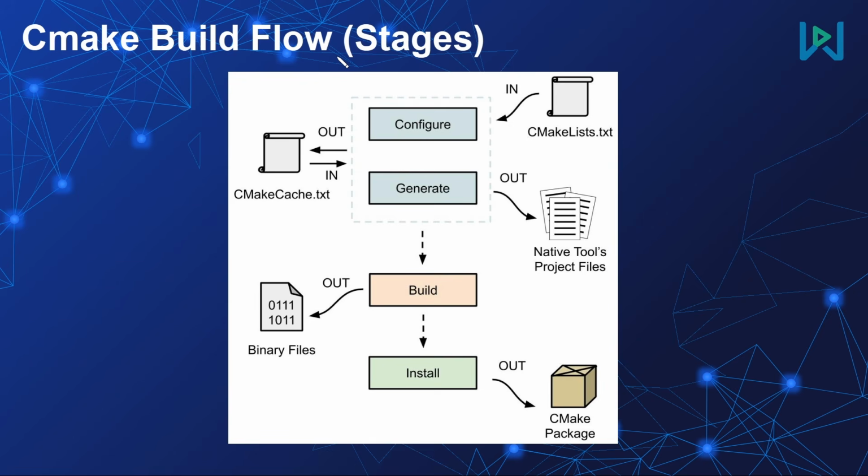Now we are trying to illustrate here the CMake build flow in terms of build stages. As stated before, CMake will parse this entry file, which is our CMake list. This file will embed information like the toolchain to be used, the build tool and the format of the backend files to be generated, whether it is Ninja or Make based, and the target hardware and architecture like ARM or Intel.